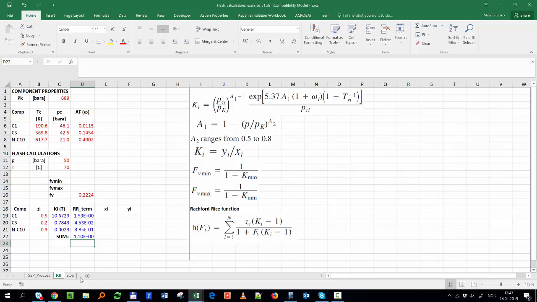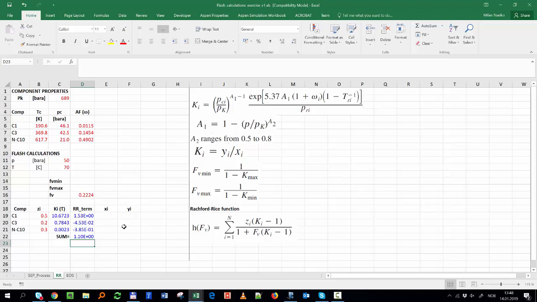What should I do next? Essentially I don't need anything else. I just have to change this number until this number goes to 0. But the idea is that I want to find xi and yi. That's the whole purpose of the calculation.